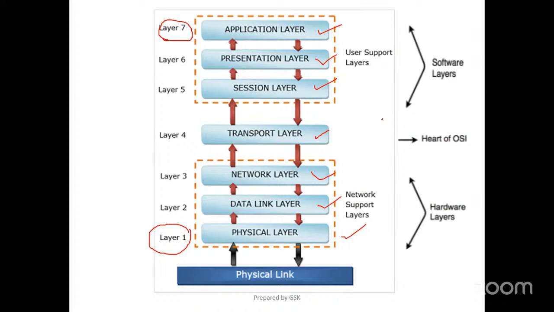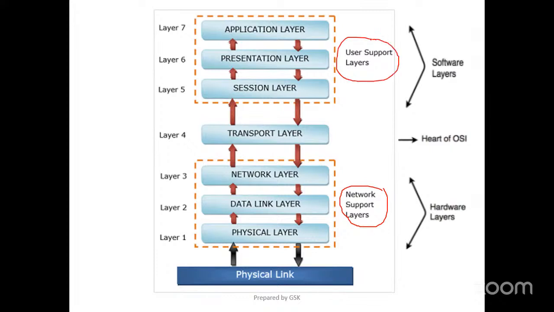Now, the next point is the bottom 3 layers. The bottom 3 layers are network support layers. These are mainly used to work with networks. And the upper 3 layers are user support layers.